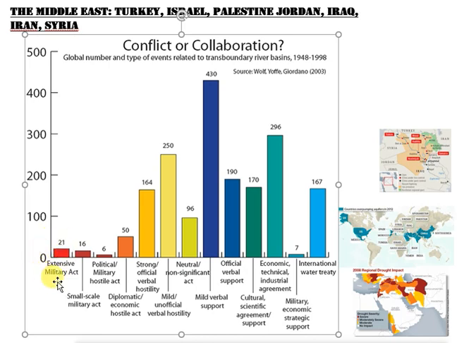If you look at this graph, 21 extensive military acts where there's been some force used by armies, navies, air forces, 16 small-scale military acts, then 6 hostile. So it's very rare that this comes to actual war. But what it involves is quite a lot of strong verbal hostility, where one country tells another country, look, we're not happy with what you're doing.